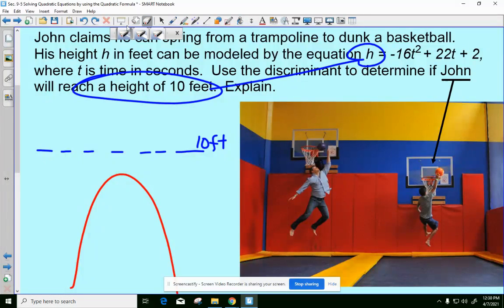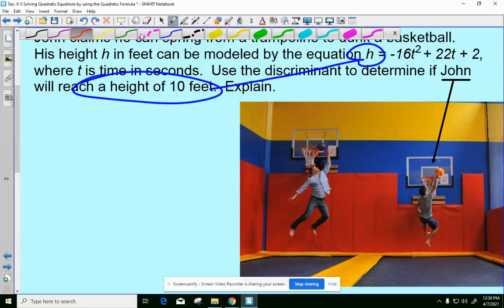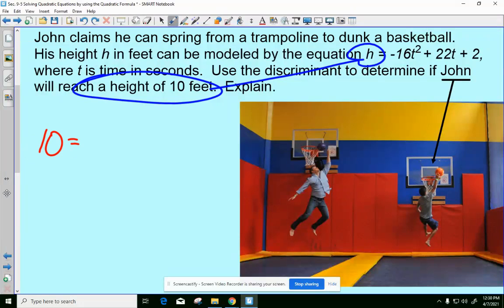Okay. So that's kind of what we're thinking about when we look at this question, but it all comes down to setting this up. The question is, if negative 16t squared plus 22t plus 2 represents his ability to bounce, then setting it equal to 10 asks, can he get to 10 feet?